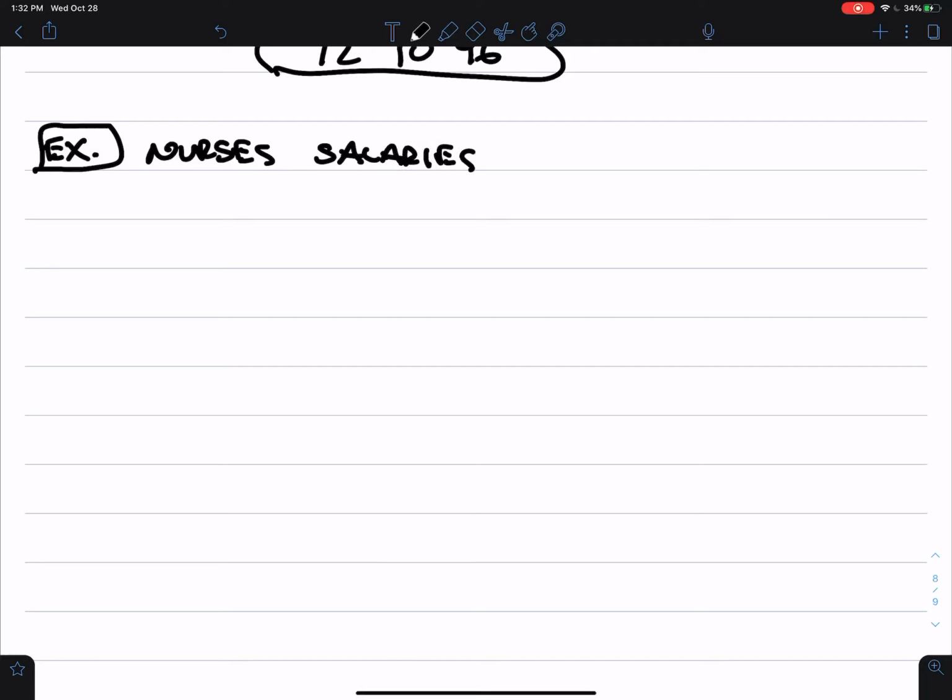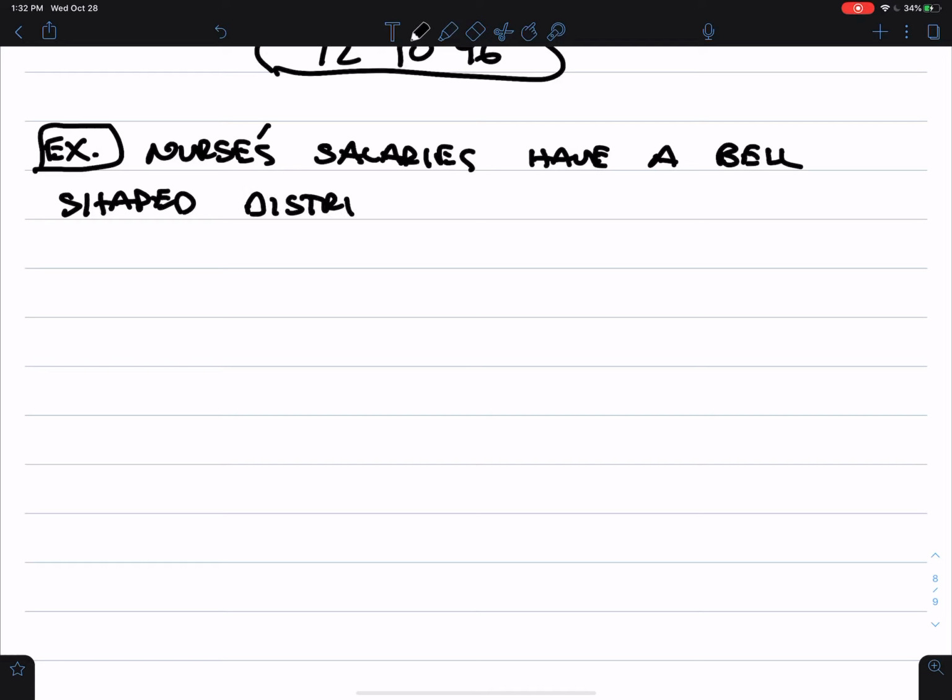Nurses' salaries have a bell-shaped distribution with the mean salary probably a little higher now than this example. This is actually a pretty old example. The mean is $6,400 and s equals 300.